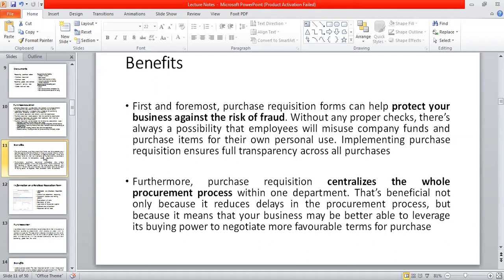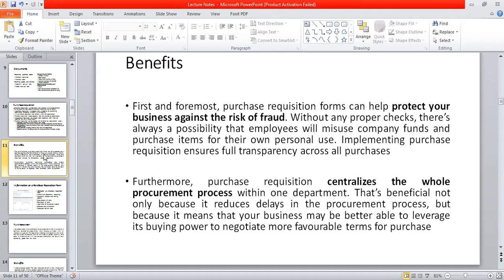In an organization with so many departments, the purchasing function is centralized in one department, and all these departments will use this purchasing department for every goods item that they might require.